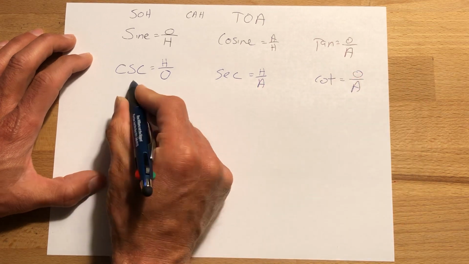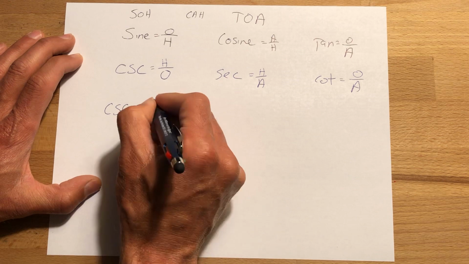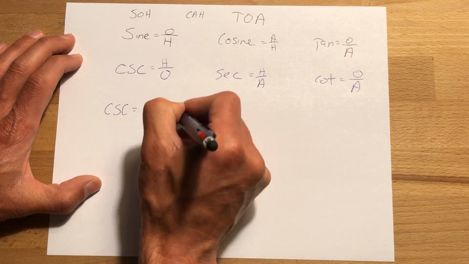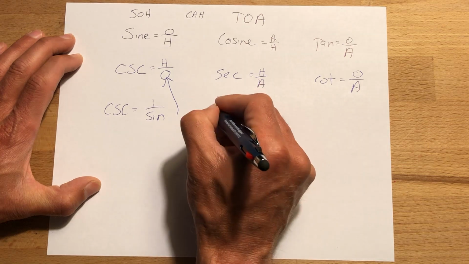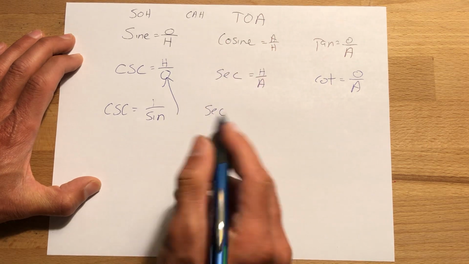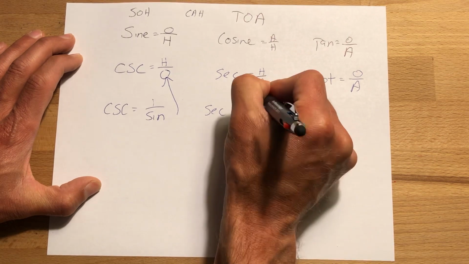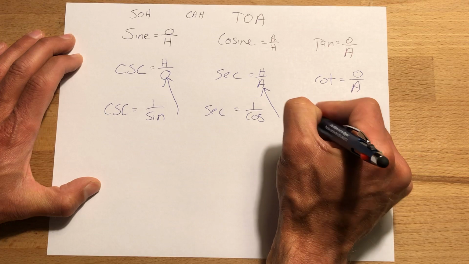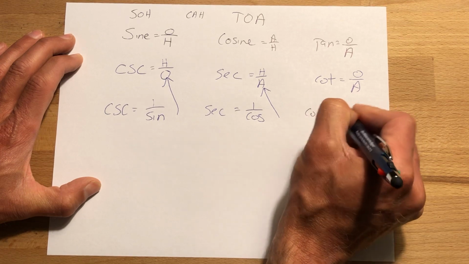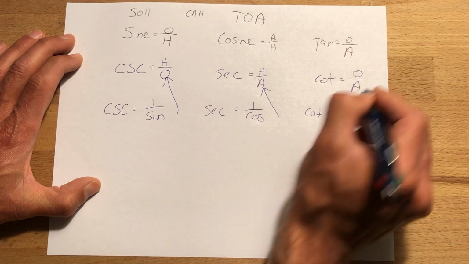Or you can think of it like this. Cosecant is the reciprocal of sine, so it's 1 over sine, which is h over o. Secant is the reciprocal of cosine, which is 1 over cosine, or h over a. Cotangent is the reciprocal of tangent, which is 1 over tangent. So if you did this mathematically, you're going to get o over a.